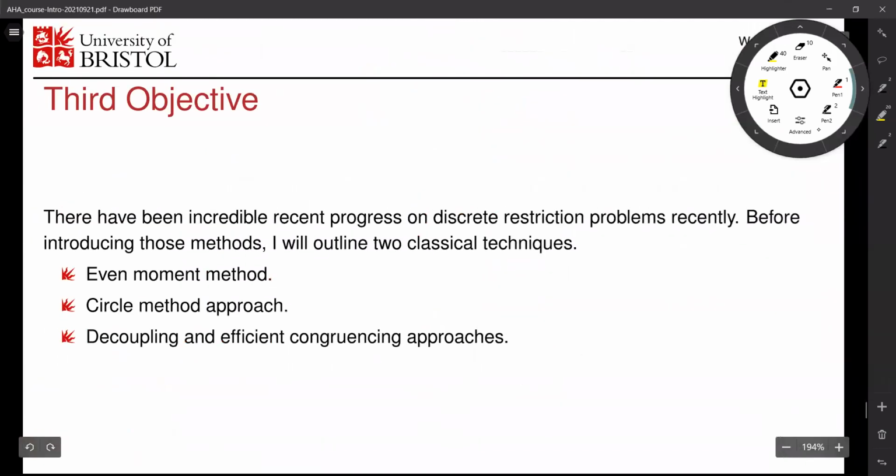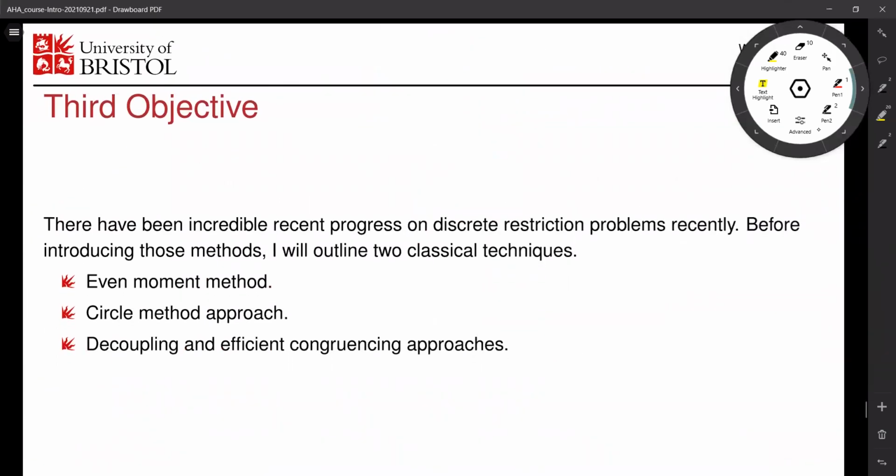So our third objective is to understand the basic techniques that went into this, as well as one very new successful technique. The two classical ones are the even moment method and the circle method approach. Okay. The first one was introduced by Cook and Zygmund, I think separately, but then used later by Bourgain, and the circle method approach was introduced by Bourgain.